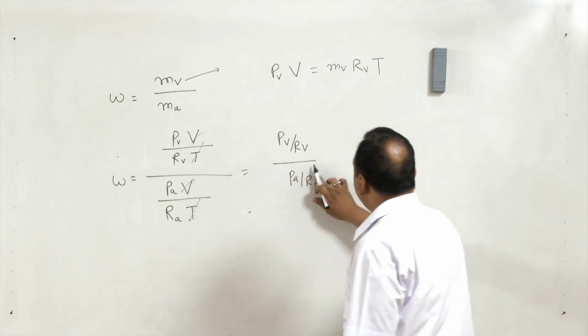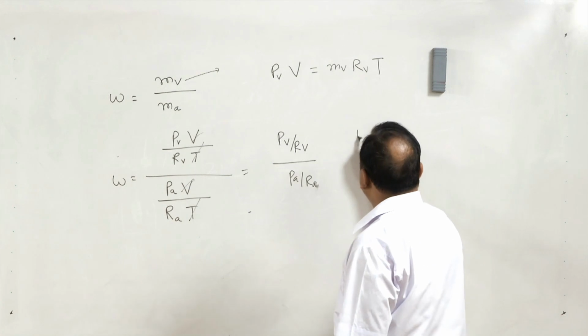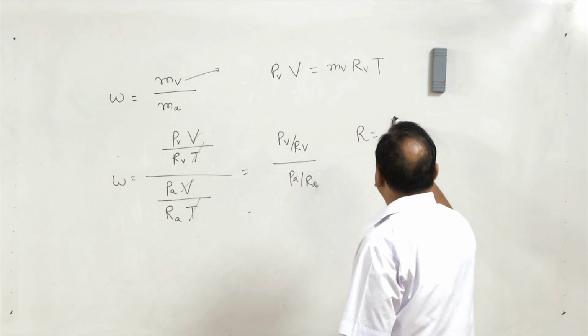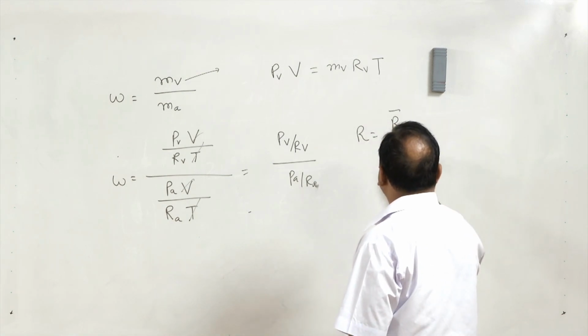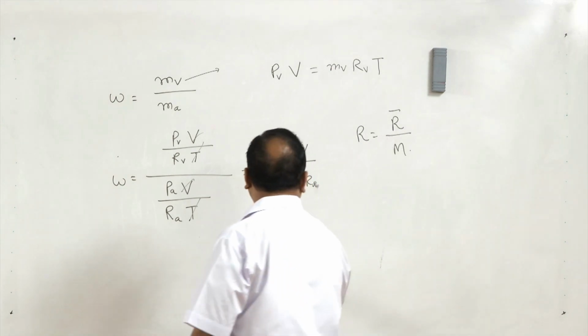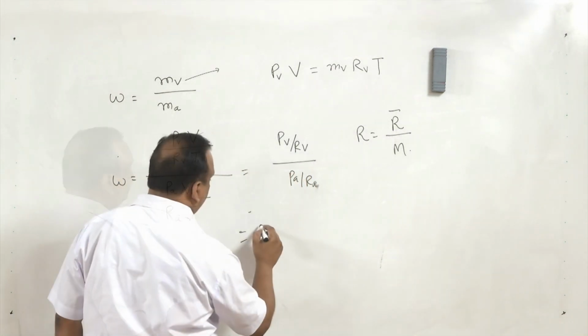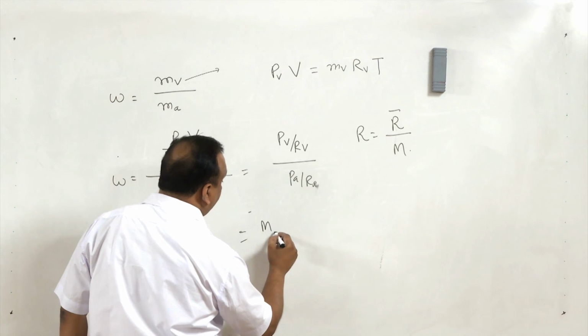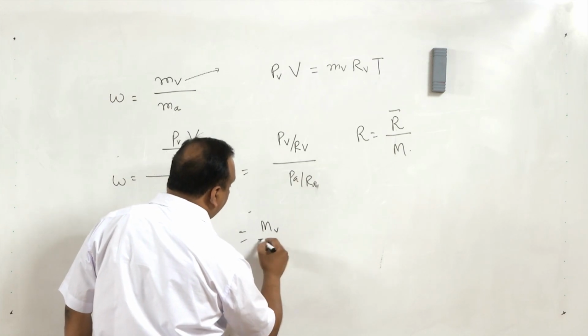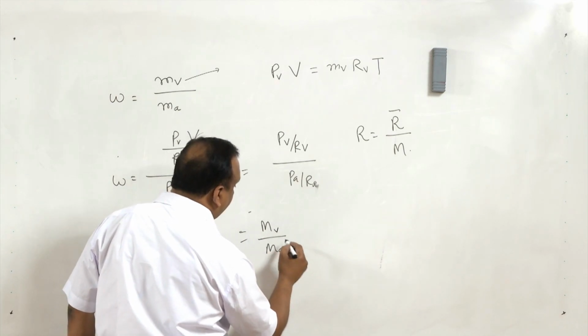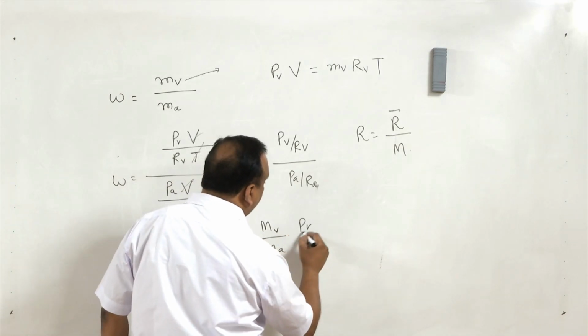Now, gas constant is always universal gas constant by molecular mass. So, it is going to be equal to mV by MA multiplied by PV by PA.